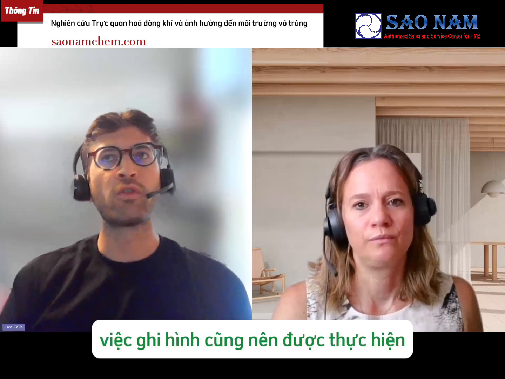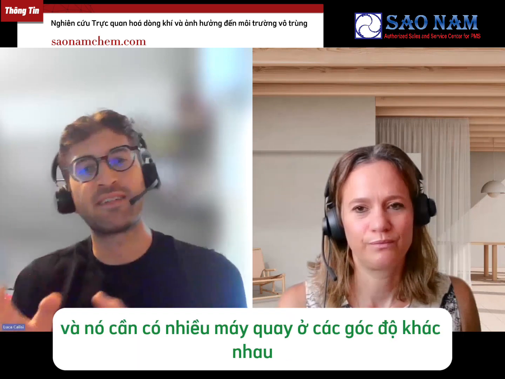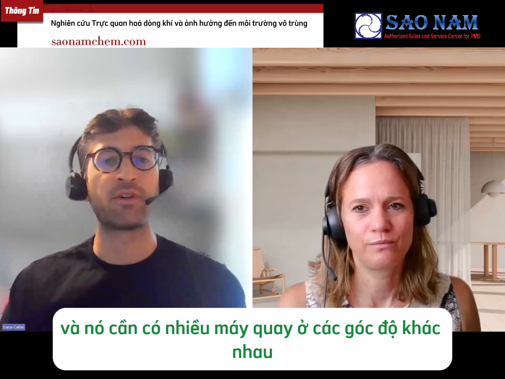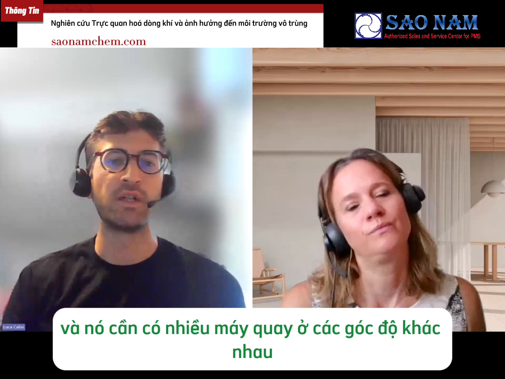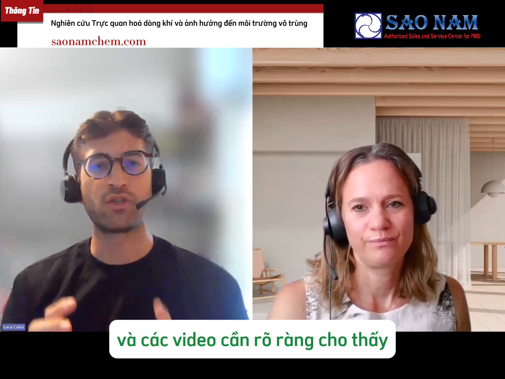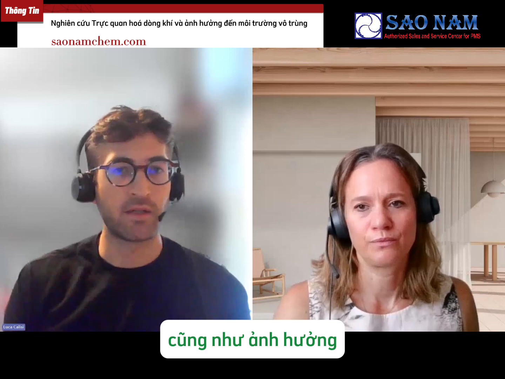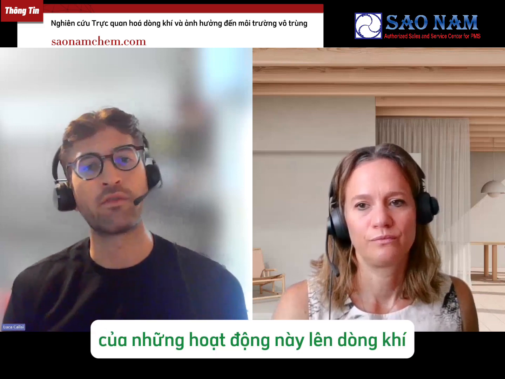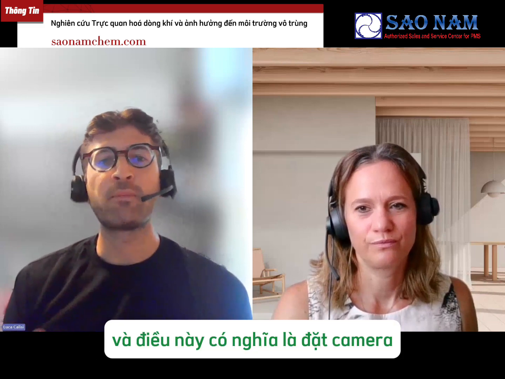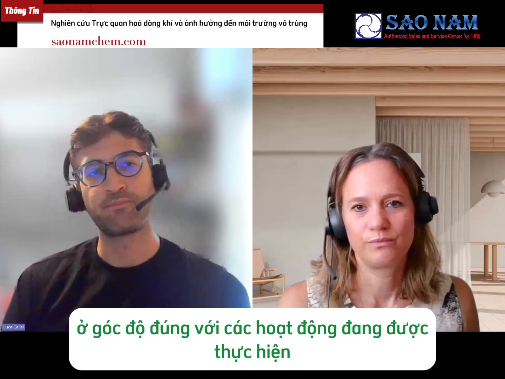Recordings should also be performed with an HD camera, and if necessary, with multiple cameras in different perspectives of the filling line or the clean room. And the videos should clearly show the activities conducted by the operator, as well as the impact of these activities on the airflow. And this means positioning the cameras at the right angle to the activities being conducted.